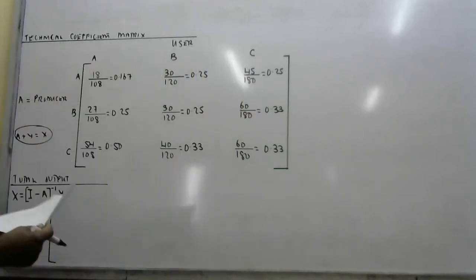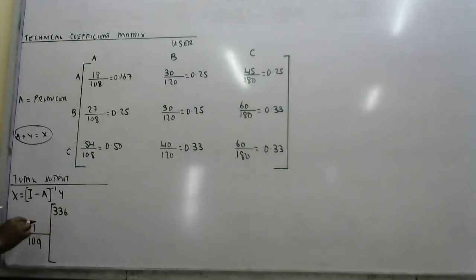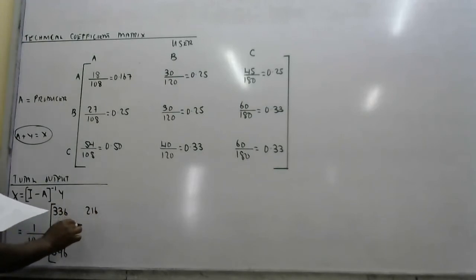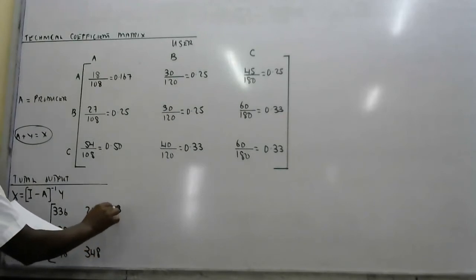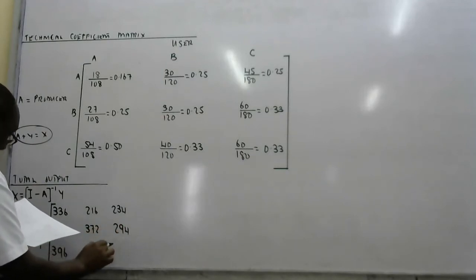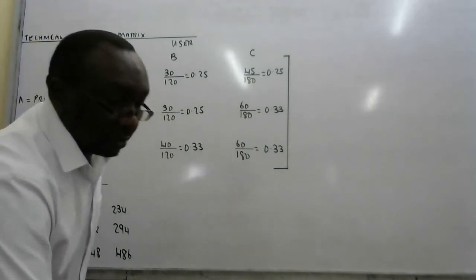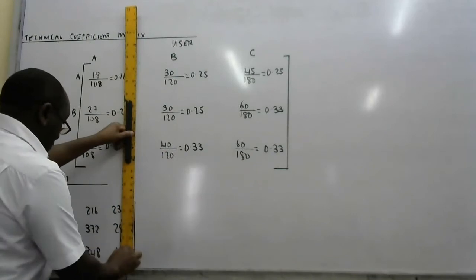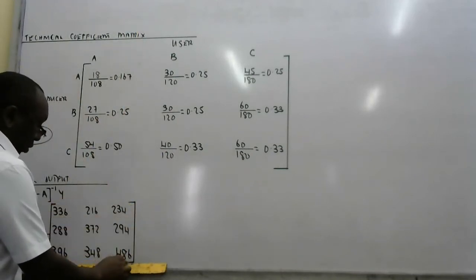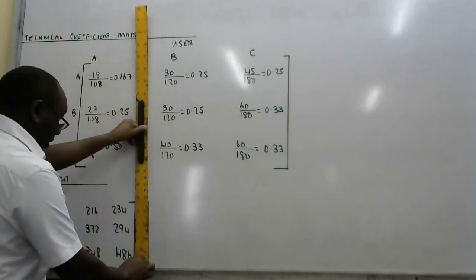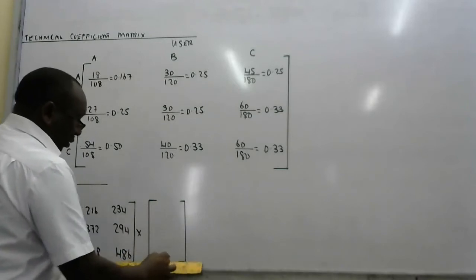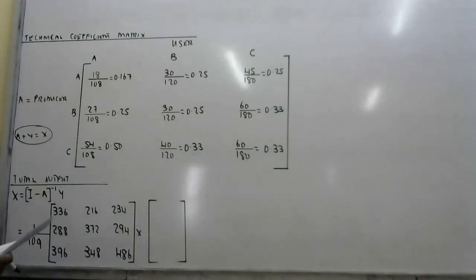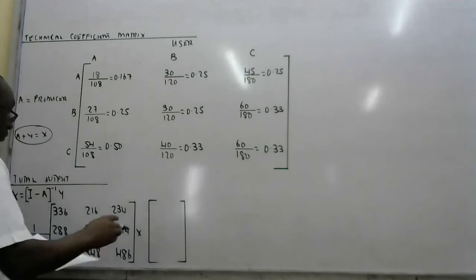We multiply by the matrix with rows 336, 288, 396; 216, 372, 348; 234, 294, 486, times the new matrix Y. The new matrix Y is 10, 2, and 20.